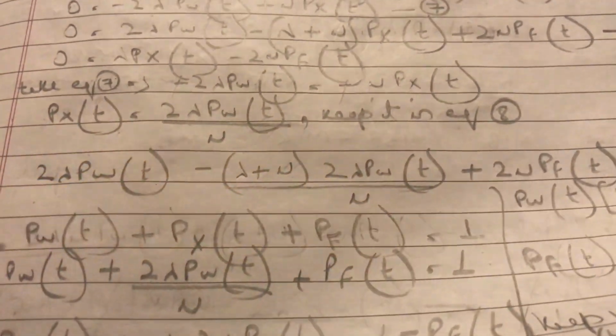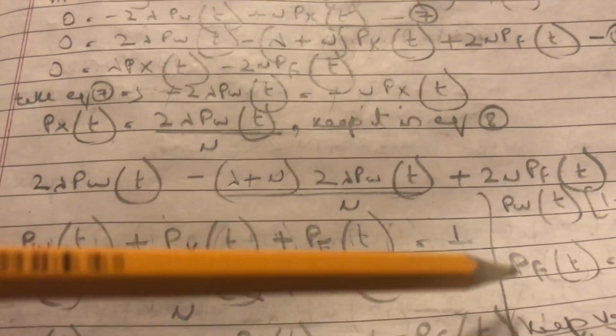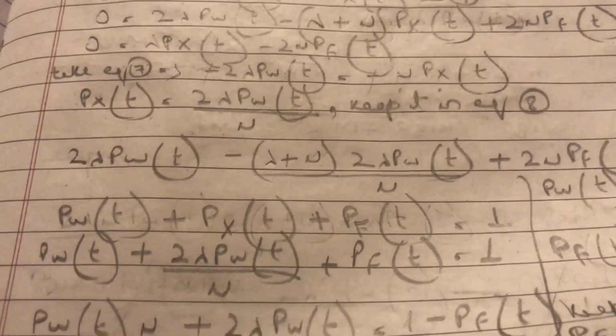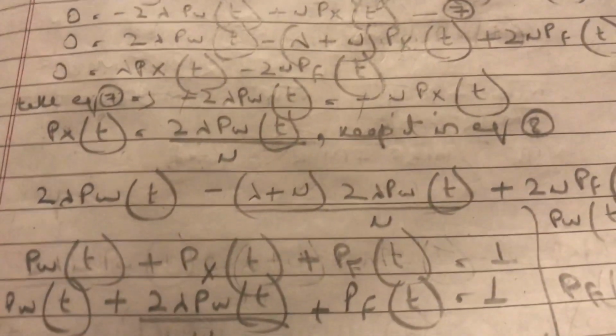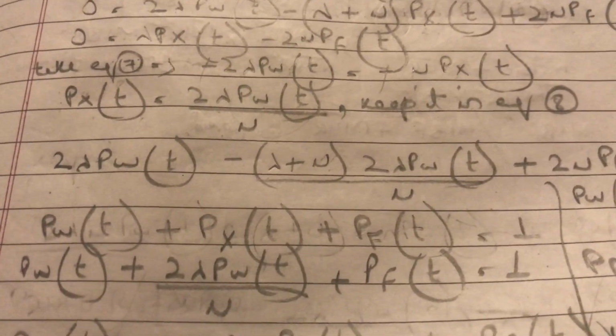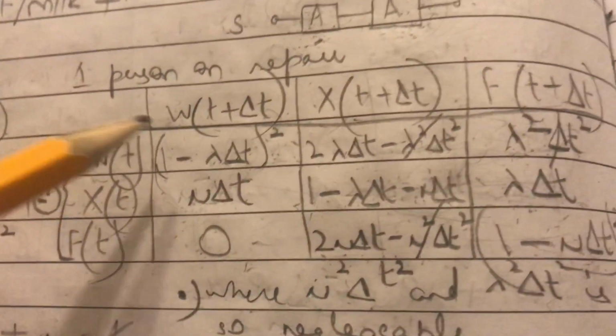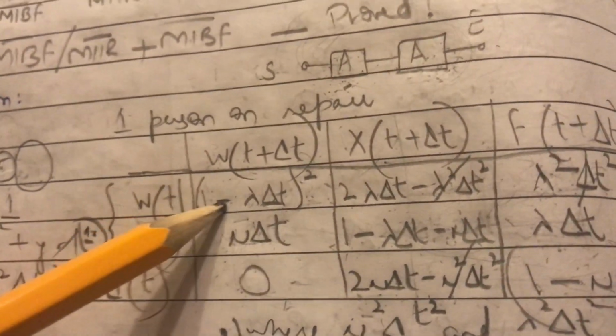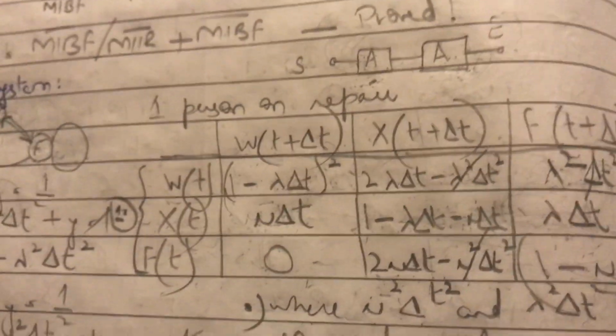Now we are saying that all these three are equal to 1. You know why we are saying this? Because we have proven by our table also that w, x and f, when added, equal 1.